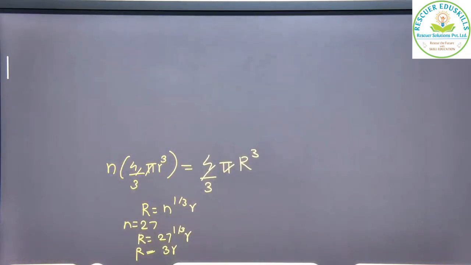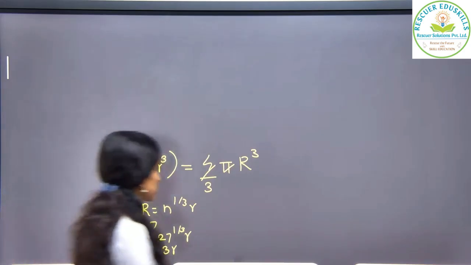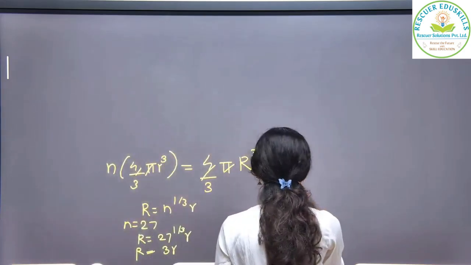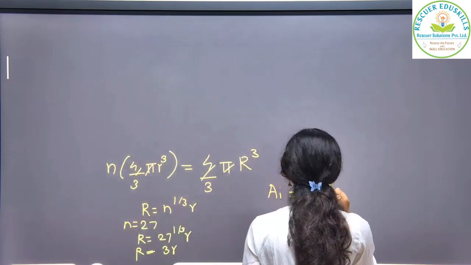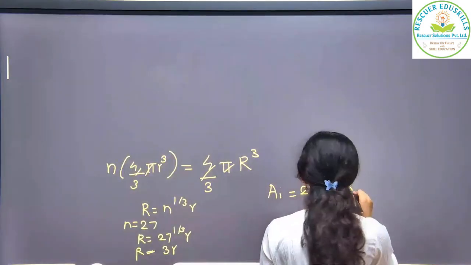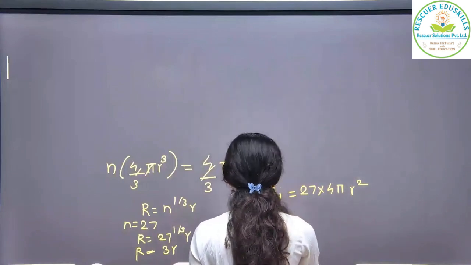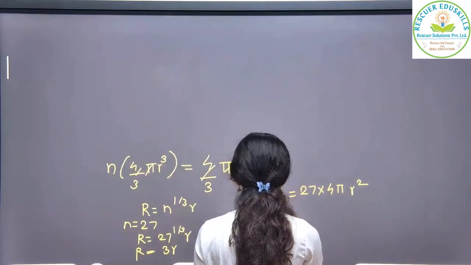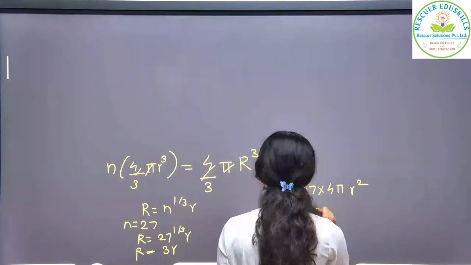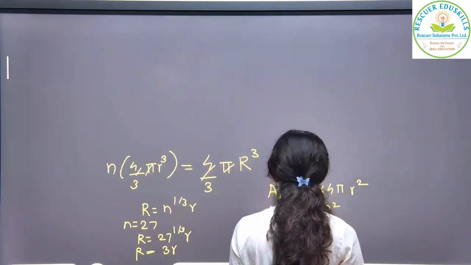So now we are going to write the initial surface area of 27 droplets. The initial surface area of 27 droplets can be written as 27 into 4 pi r square. And then the final surface area we can write as 4 pi R square. Okay.